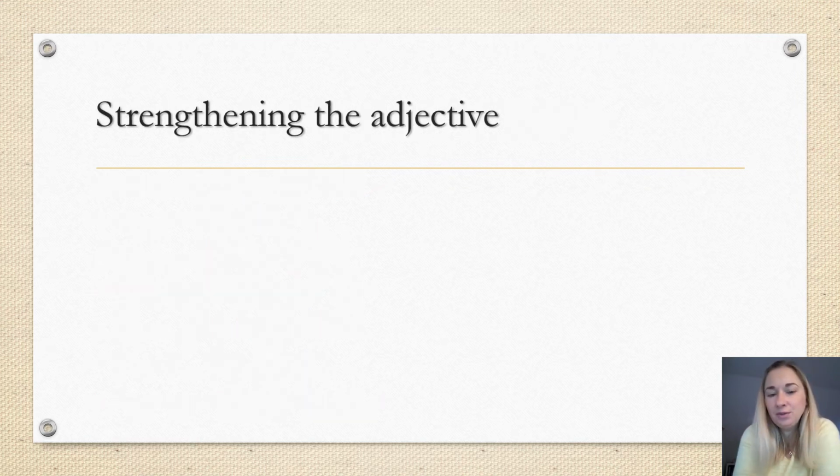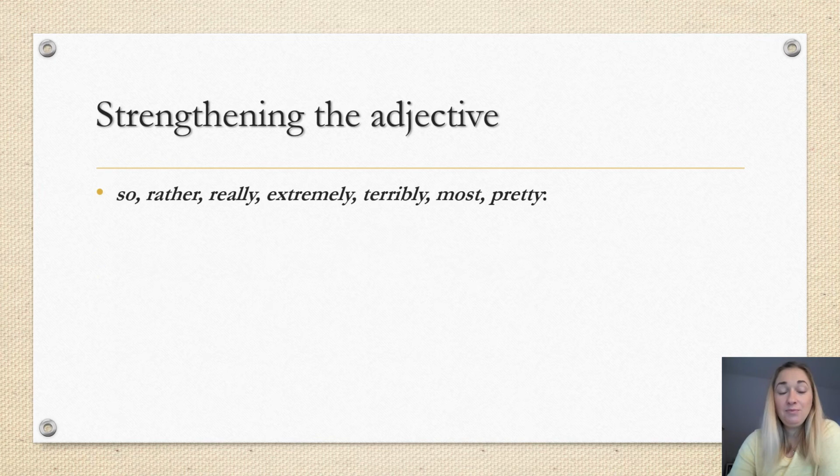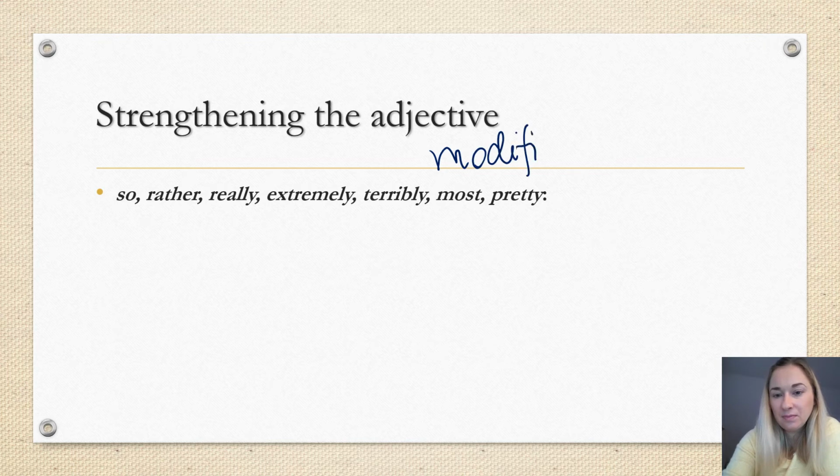There are also different ways how to strengthen your adjective. Let's take a look at some of them. We can use particles, or we can call them modifiers. So, rather, really, extremely, terribly, most, and pretty.